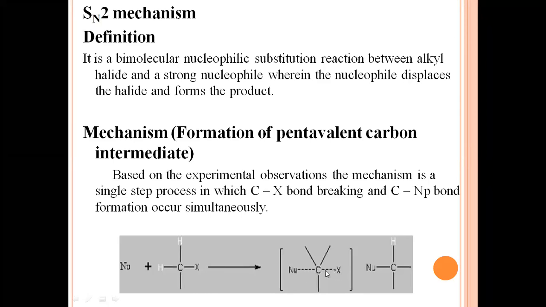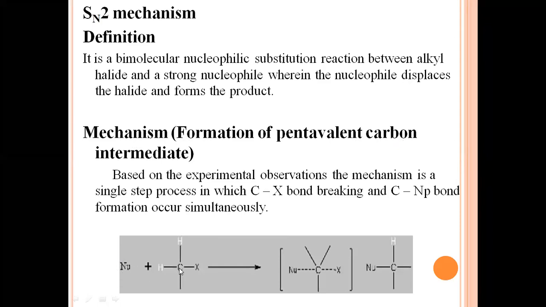So this is the intermediate structure of this reaction, the structure mentioned in the square bracket. That is why we put here that formation of pentavalent carbon as an intermediate is the mechanism. So it is a single step mechanism.